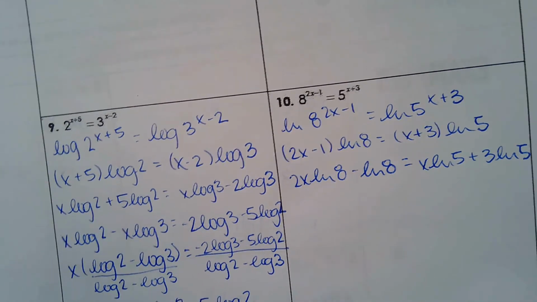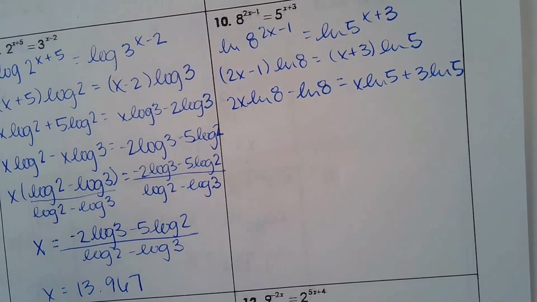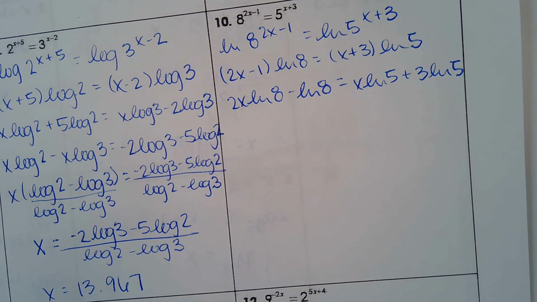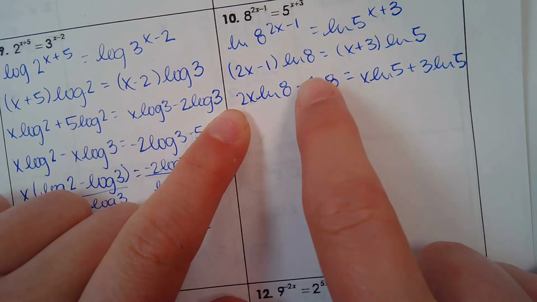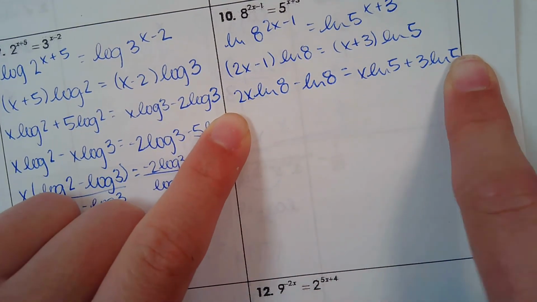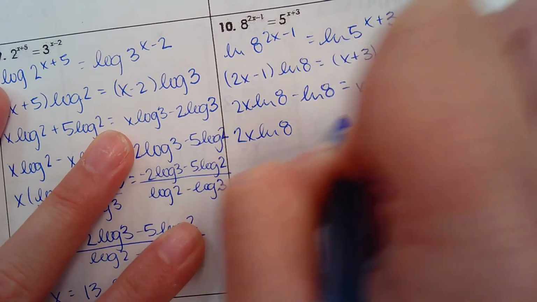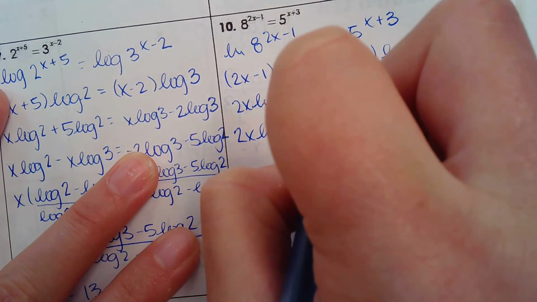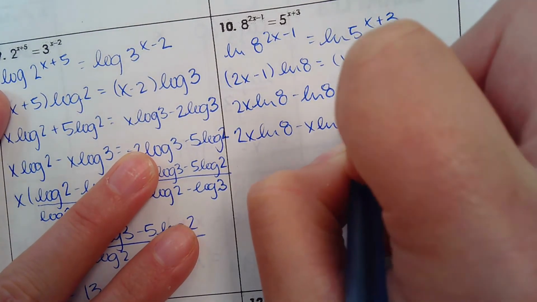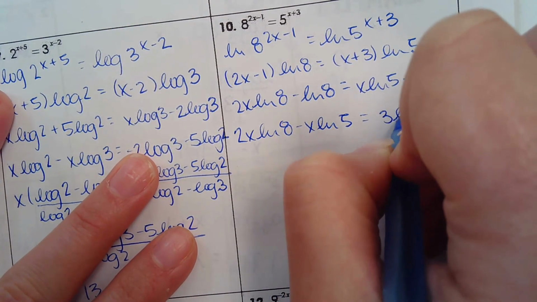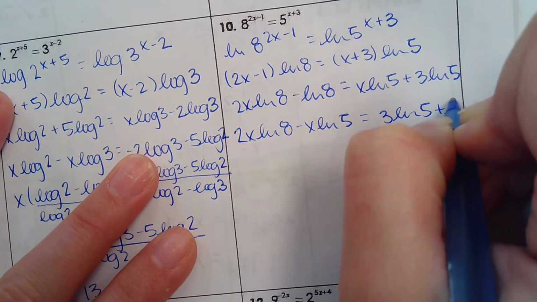Then what do we try from here? Yeah, so we'll get our x terms together. So I'm going to subtract this one over and then add that one over. If that makes sense, I hope. So we'll have 2x natural log of 8 minus x natural log of 5 equals 3 natural log of 5 plus natural log of 8.